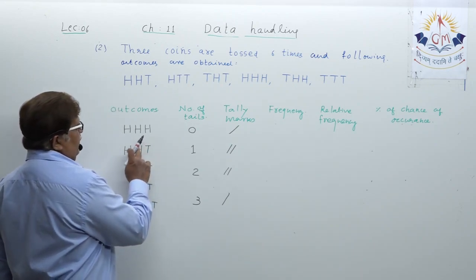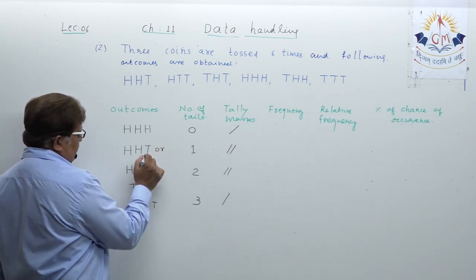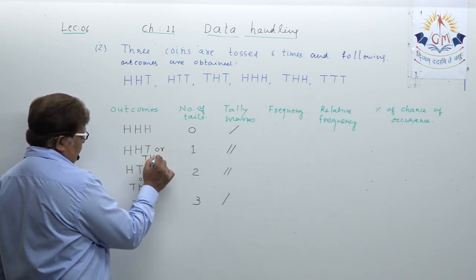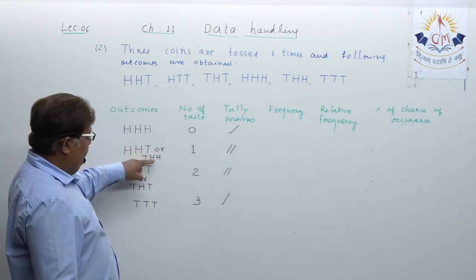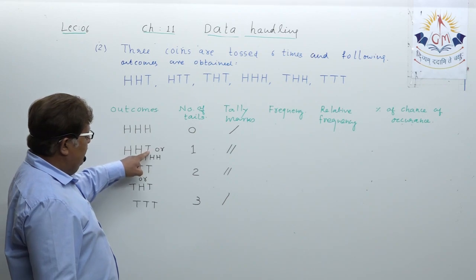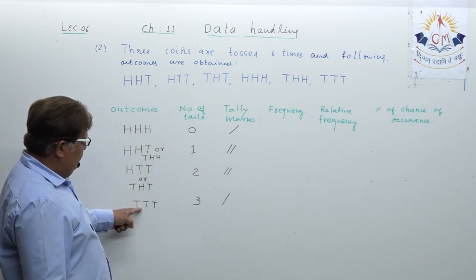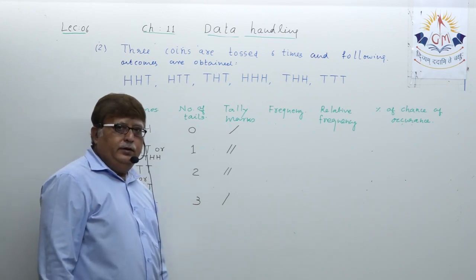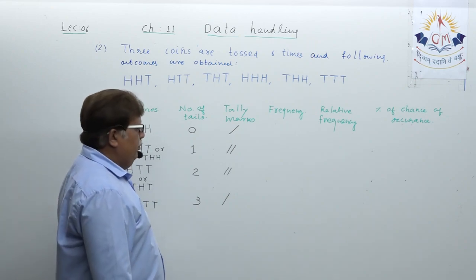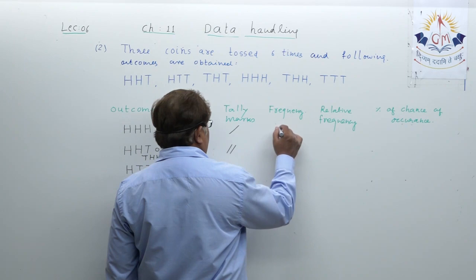HHT, here dear student, or you can also write THH. Okay, HHH, HHT or THH. You have to see where 1 T appears, 2 T appear, 3 T appear, no T appears. That way you need to verify. Frequency here is 1.